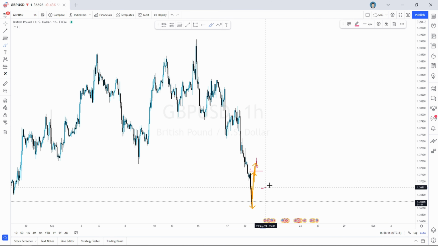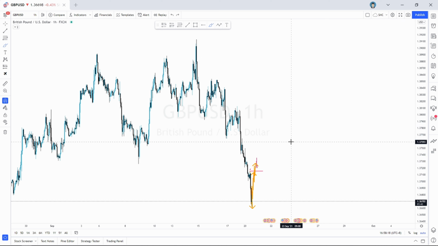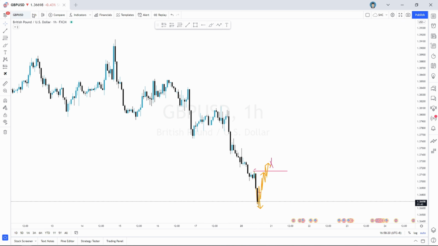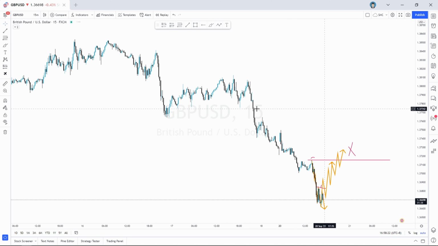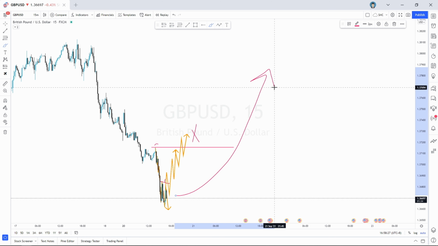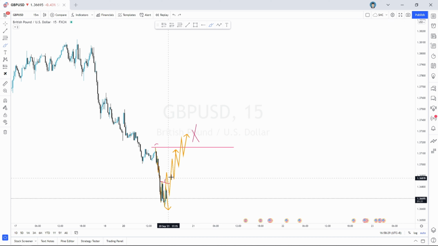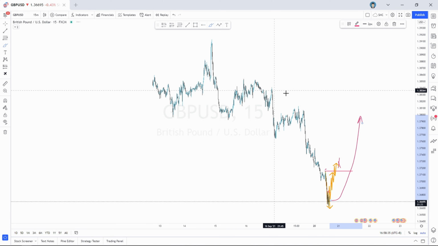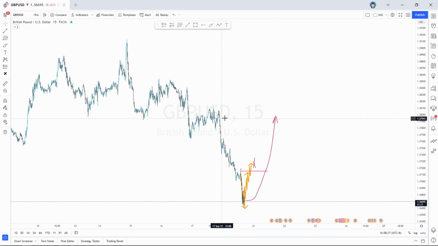So we want that 4-hour pullback to this zone. We see a break of structure on lower time frames, so it's relating to that story of a pullback of that 4-hour. So if it breaks structure in the lower time frame, then we can look for buys there to ride the retracement higher to this OB on the 4-hour.